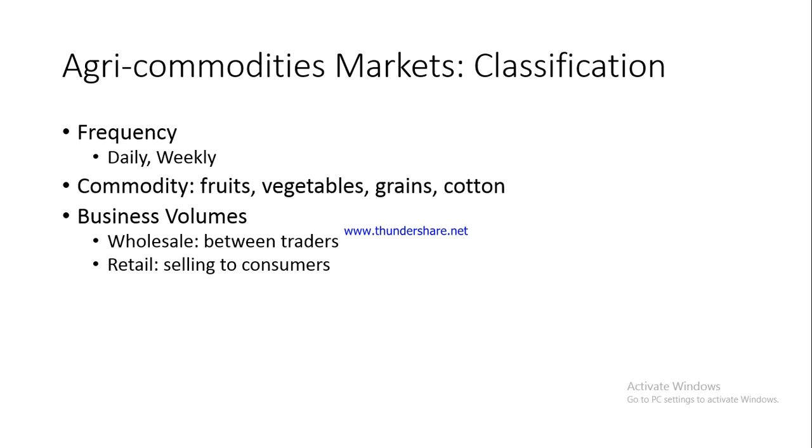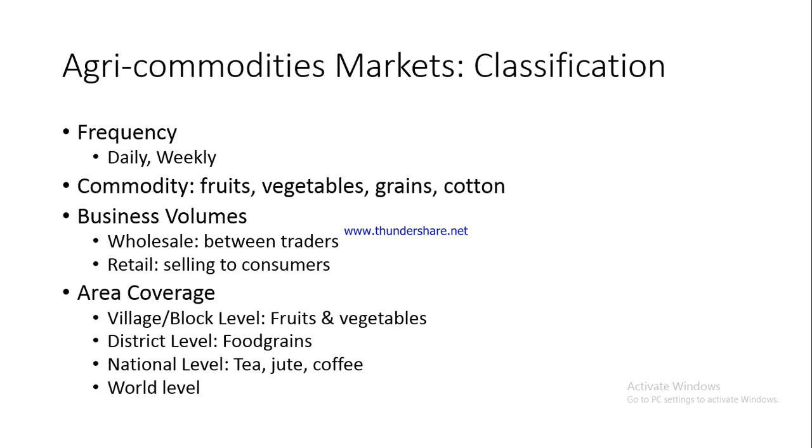So as far as the volume transacted is concerned, per lot size is relatively very low, much lower than the size in the wholesale market. So this is the difference between the wholesale market and the retail market. So accordingly we can use different nomenclatures to describe a wholesale agri-commodity market and a retail agri-commodity market.